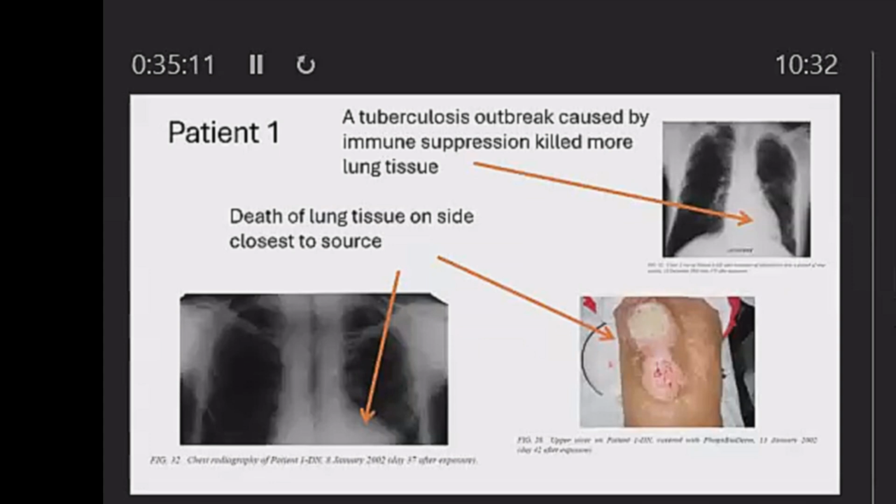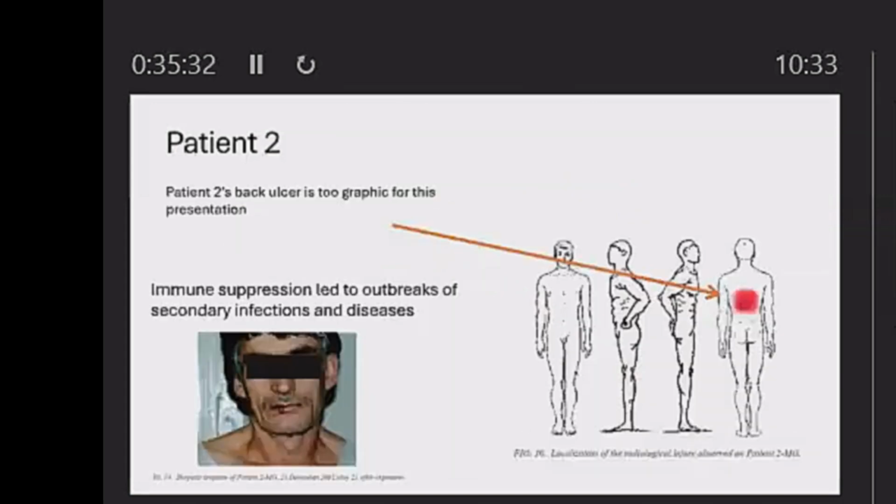And here shows his tuberculosis outbreak. His chest is very bad and it actually killed part of his lung, according to the IAEA report. The death of his lung was due to the tuberculosis and the source itself killing his organs.